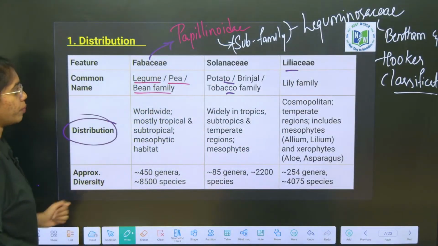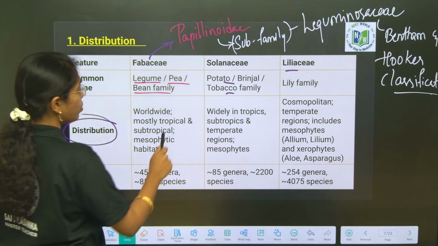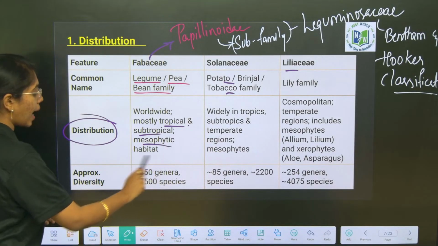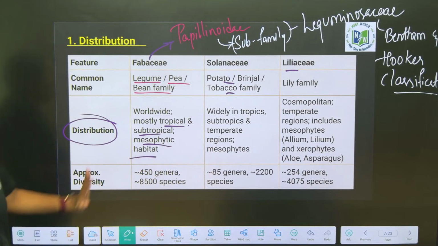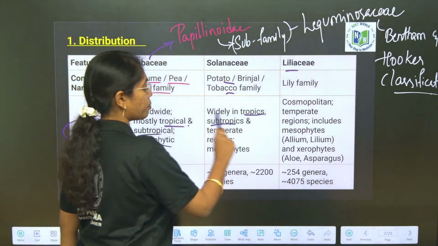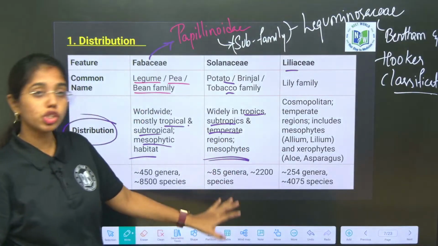If you see distribution, Fabaceae members are worldwide distributed, mostly in the tropical and subtropical region, in mesophytic habitat. Next, Solanaceae members are widely present in tropics and subtropics, especially in the temperate regions, and they are mesophytes here.